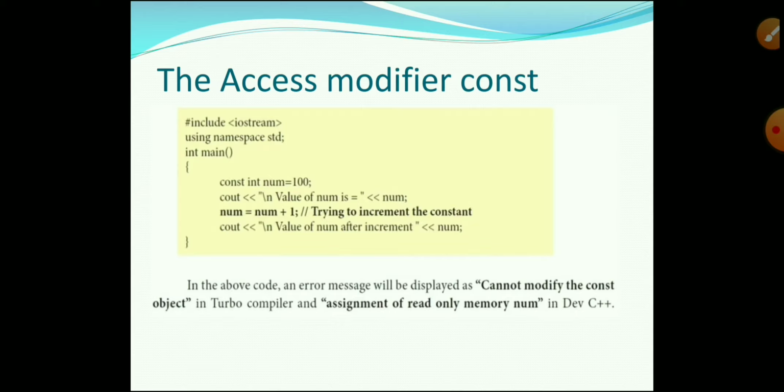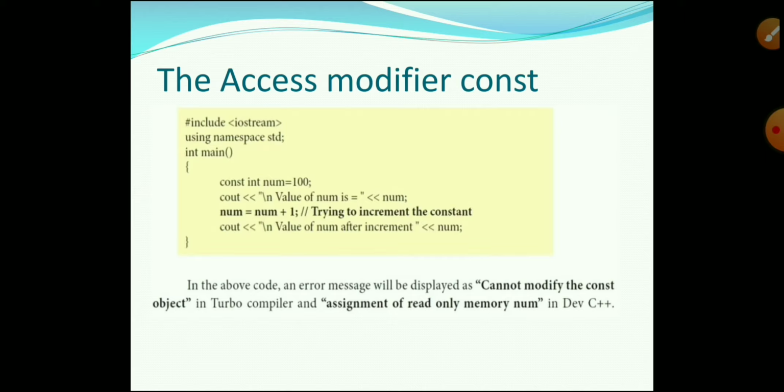In the next line you can see num = num + 1. They are trying to increment the constant value. As I already told you, once we use the const keyword, it is not possible to change that variable's value.